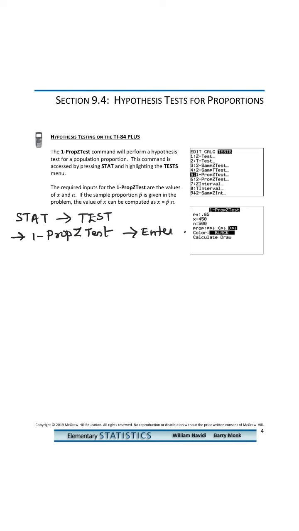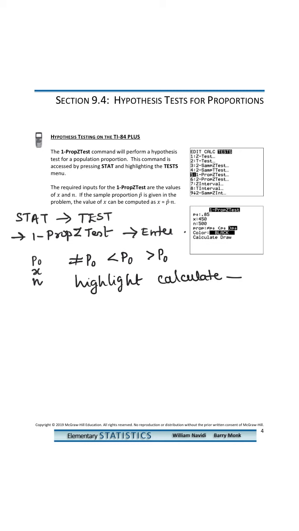Then enter the values of p0, x, n and select from the alternate hypothesis: not equal p0, less than p0, or greater than p0, and highlight calculate and again press enter.